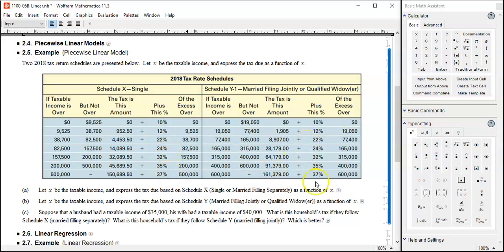And then of course we have a corresponding table for married filing jointly. We have similar tax brackets here, but similar tax rates here, which are average rate of change. But the intervals, the tax brackets, are of course adjusted accordingly.